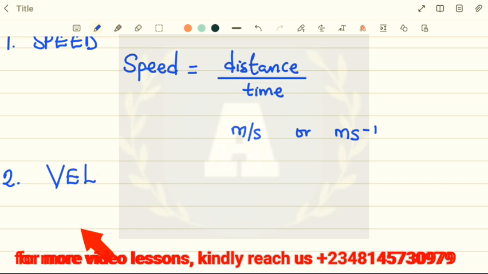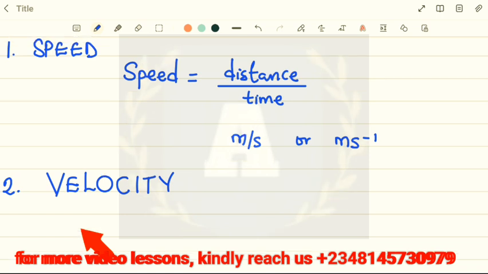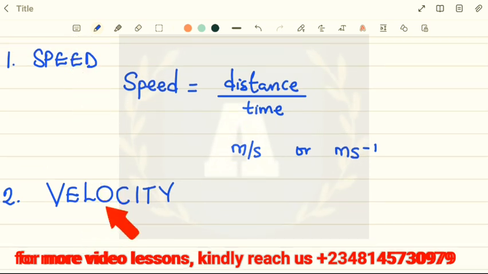What is meant by velocity? It is the rate of change of displacement with time. It is dimensionally the same as speed. They have the same SI unit, but their formulas of calculation vary.